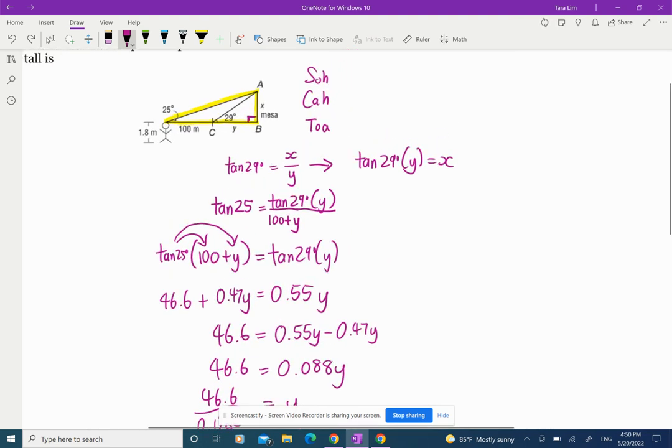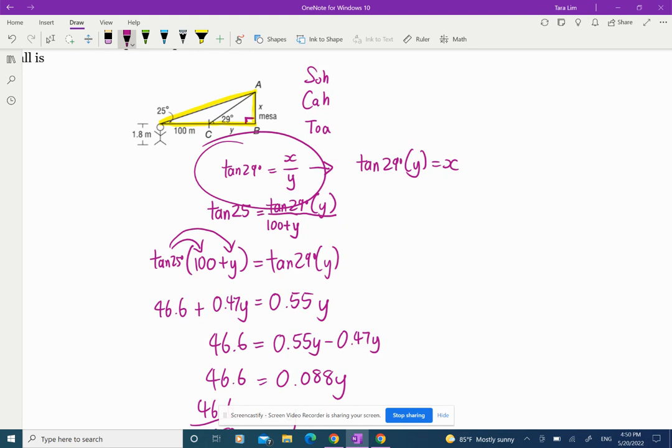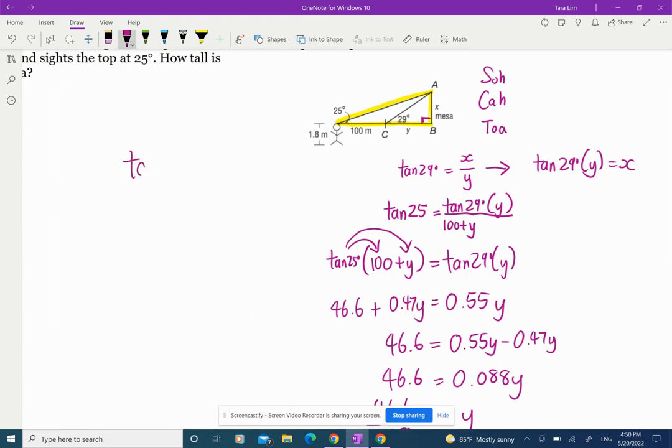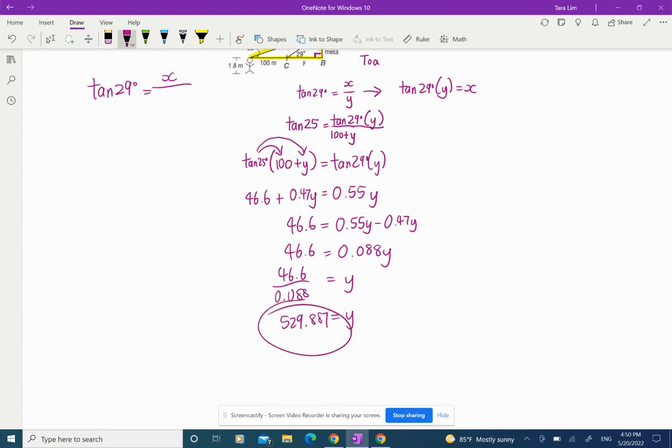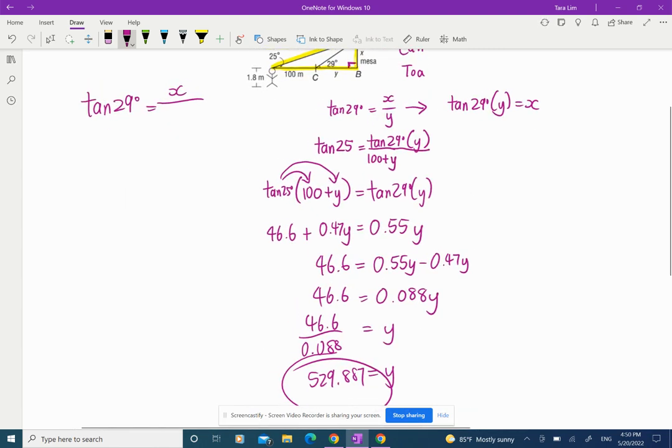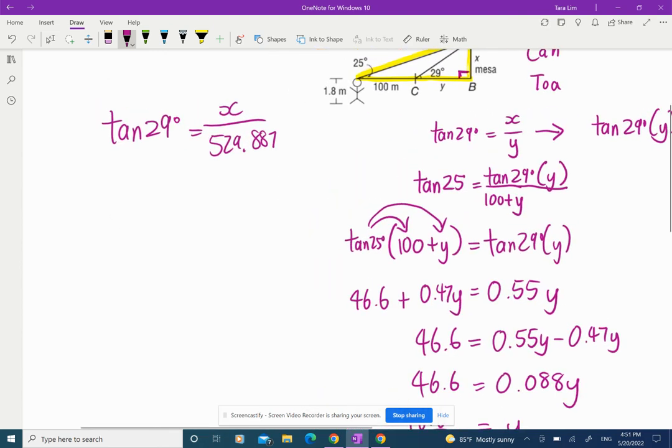And so here I have tan 29 is equal to x over y. Let me write this again. Tan 29 degrees is equal to, I don't know what x is, but I know what y is. Y is 529.887. In order to solve for x, again, I use the cross multiplication method.